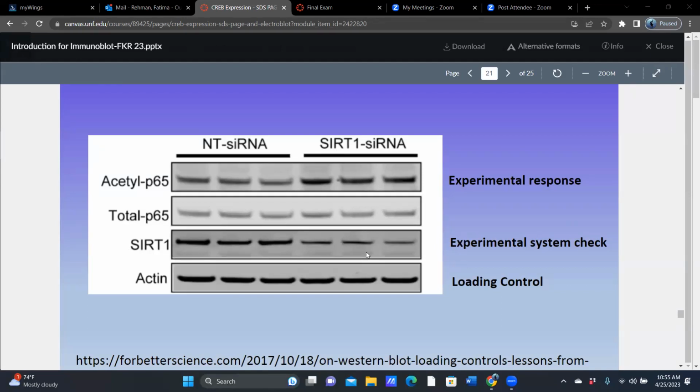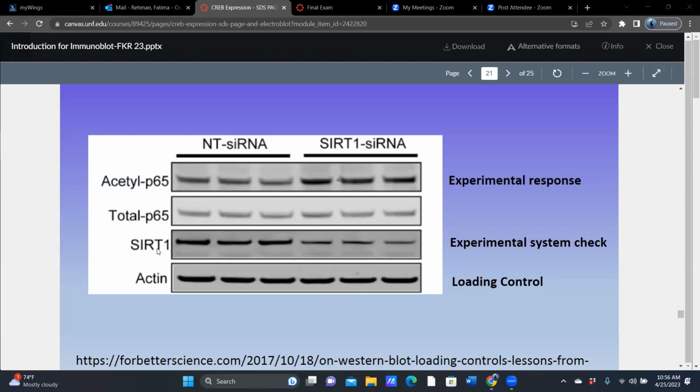Yes or no? Yeah, the bands are lighter, right? And they're thinner. So there is some inhibition. It's not 100%, it's not perfect. It's probably about 50%. It doesn't look more than that. But obviously, when we quantify it compared to this, then we'll be able to see it better.